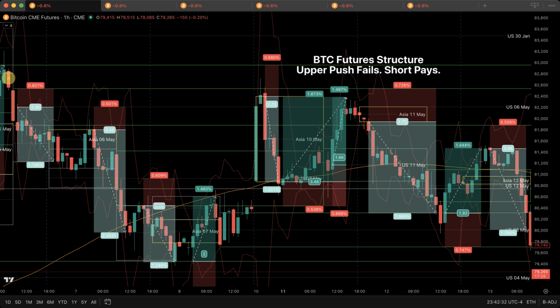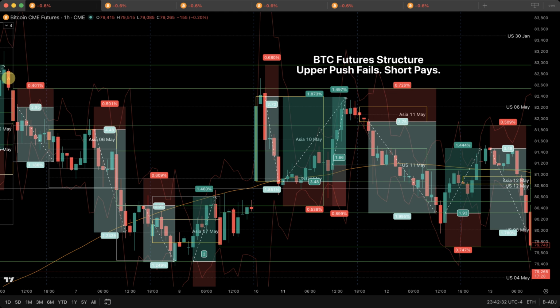Now the May 12th Asia structure is complete. May 12th Asia session forms above May 12th U.S. midpoint. It compresses by about 25%. Price breaks above May 12th Asia upper boundary. It cannot stay above. Price breaks back through May 12th U.S. upper boundary.